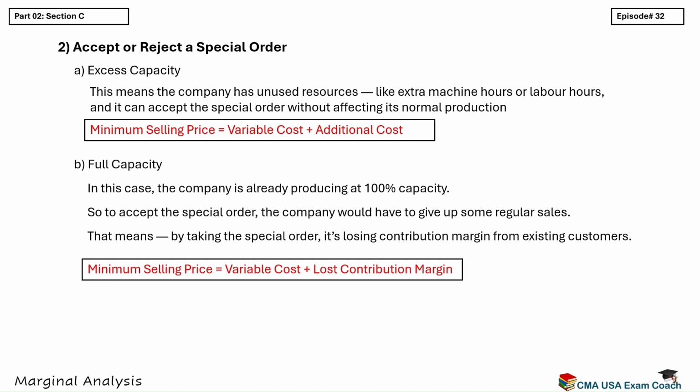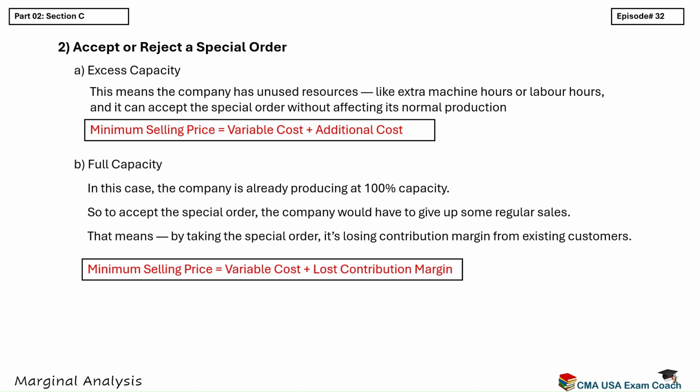That means, for the special order to make sense, the customer must pay at least 50 plus 30 equals $80 per unit. If the special order offers anything less than 80, the company would be better off continuing with regular sales. So, remember, with excess capacity, focus only on variable and additional costs. With full capacity, also include the opportunity cost of lost regular contribution margin.